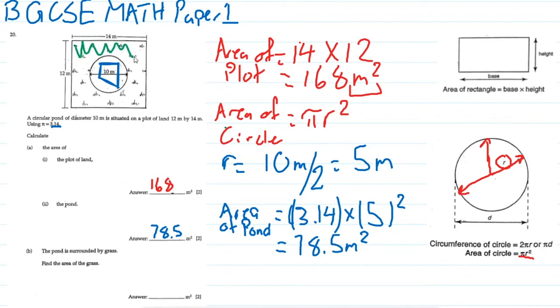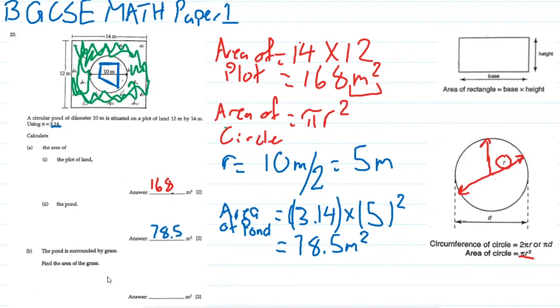The area of grass is just going to be this area here, because the pond is not included in that area. We already know the total area of the plot of land, and if we know the area of the pond, then to find the area of the grass we just need to subtract the area of the pond from the plot of land. And that's how we're going to get this quantity here.